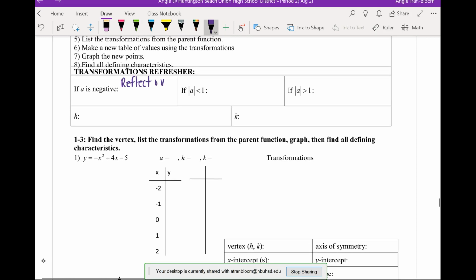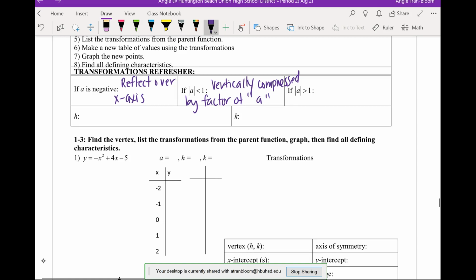Reflect over x-axis. What if an a value is less than 1, like a half, like 3/4? Right, vertically compressed is right. Vertically compressed by factor of a, whatever that is. If a is a half, then it's compressing by a half.